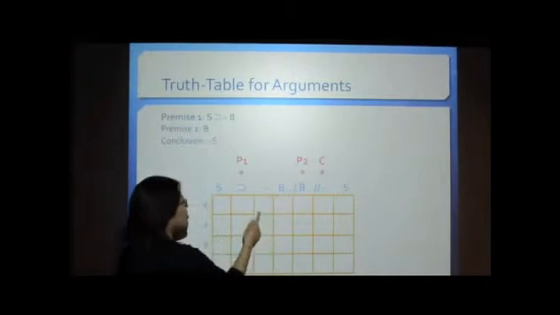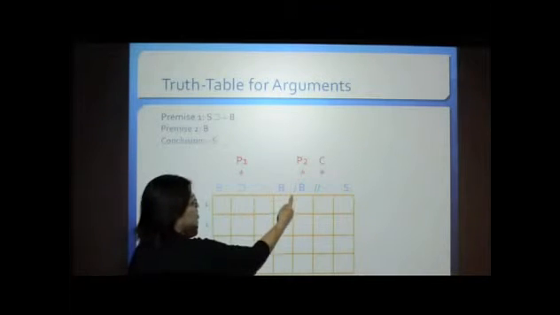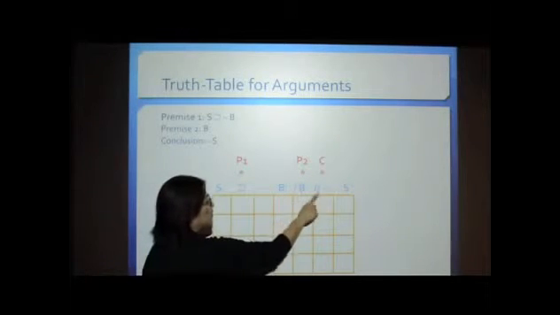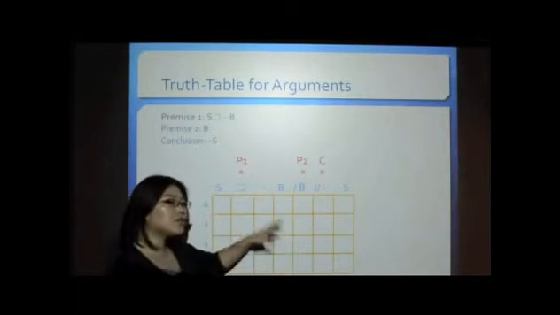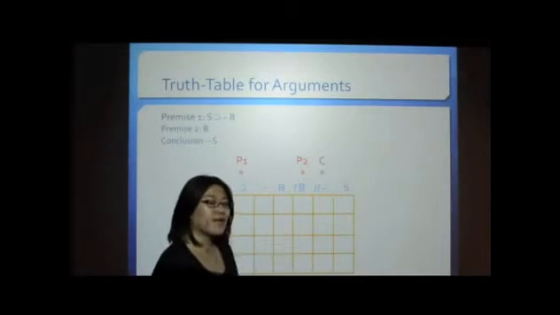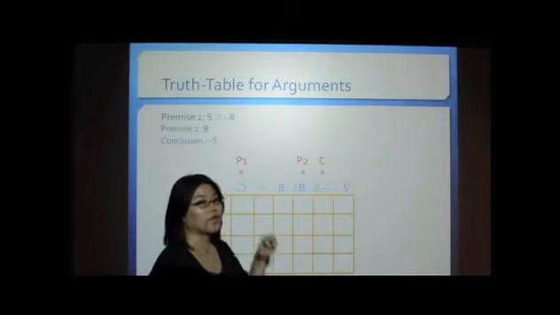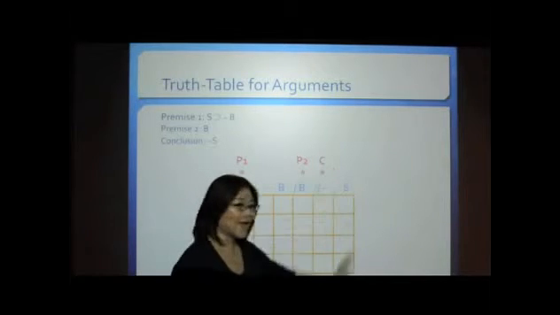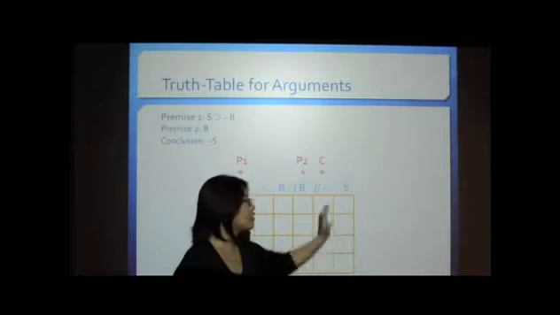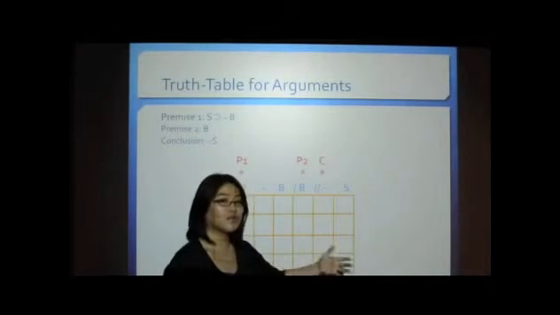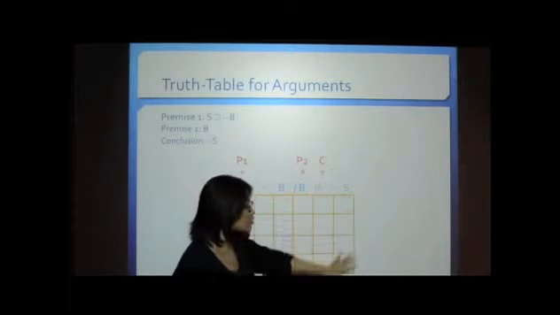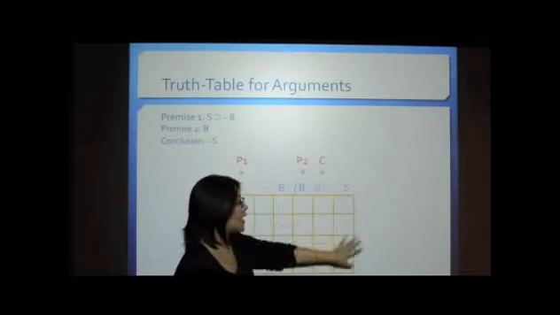This indicates to us that this premise ends here, and this premise ends here, and what follows this premise is the conclusion, okay? And when you do a truth table for an argument, it's very, very important that you put the conclusion last, okay? Very important that you do so. If you don't do so, it's going to be a little bit more difficult when you try to determine validity, okay? So always try to put the conclusion of the argument last, okay?